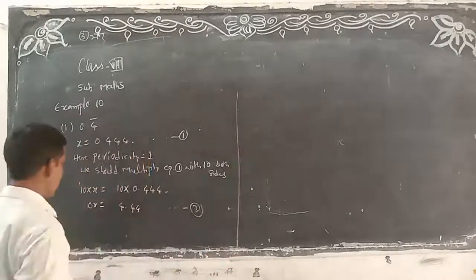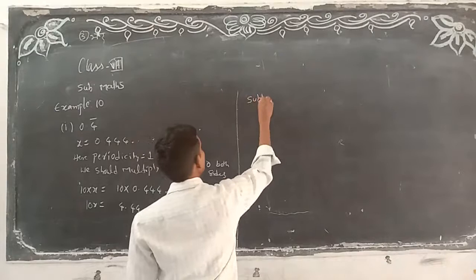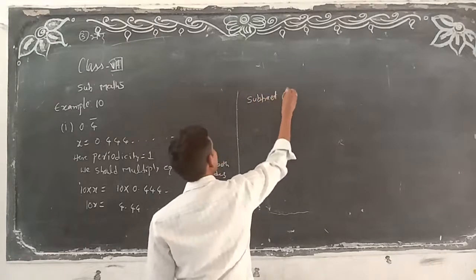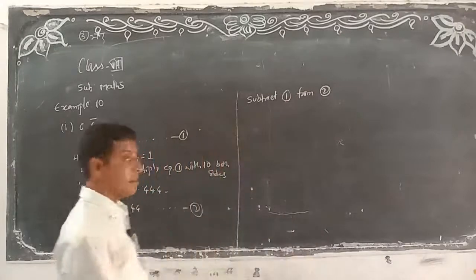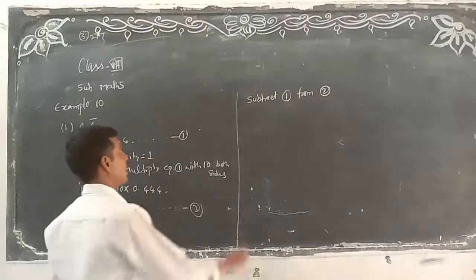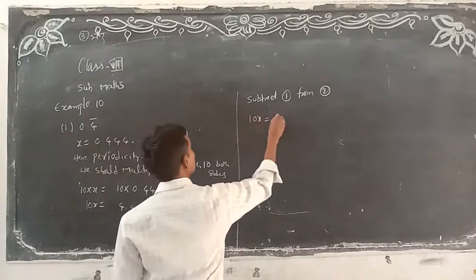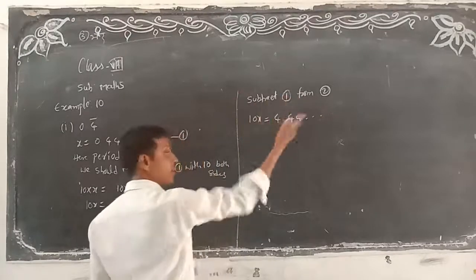Next step: subtract the first from the second. What is the second here? 10x is equal to 4.44... First we write the second, then the first.